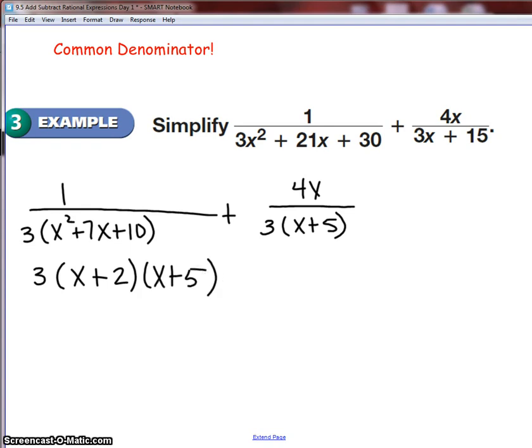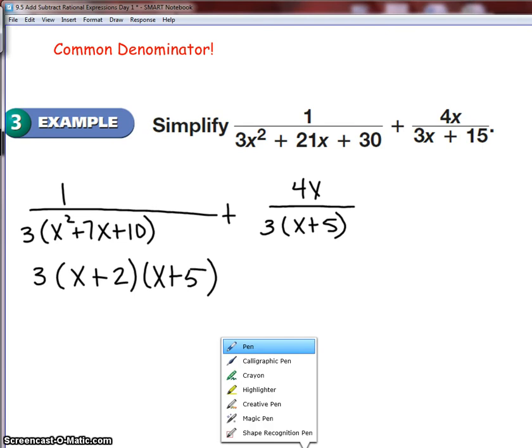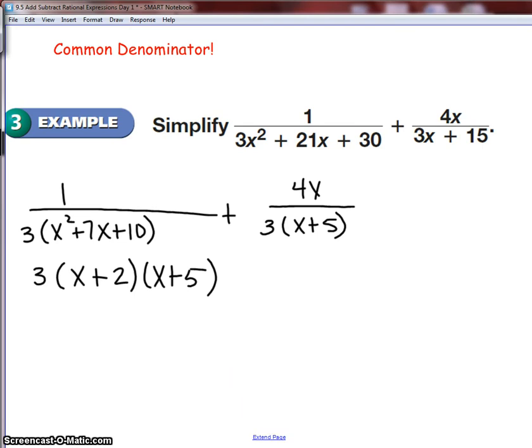All right, so here's what you do when you go to add this stuff. It's just like when you add common denominators on regular fractions, guys. You got to make the denominator the same. As you notice, both of these fractions have a 3. Both of them have an x plus 5.